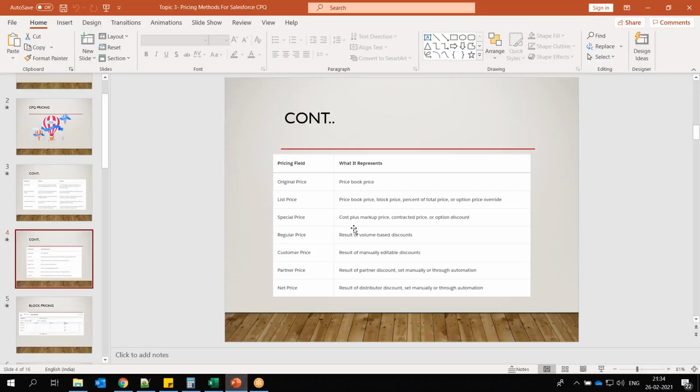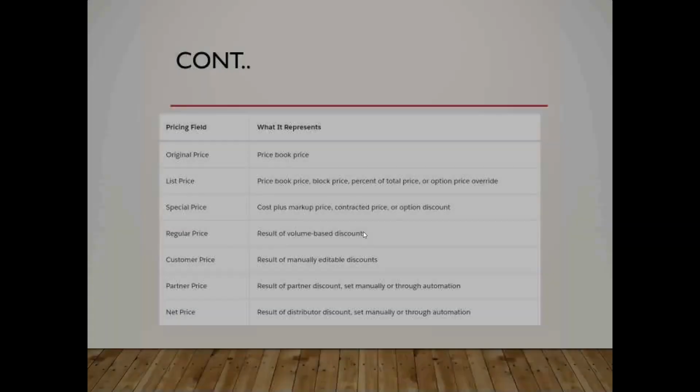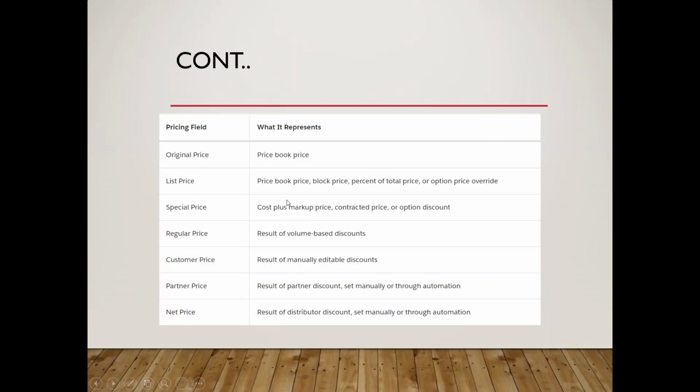Once we discuss original price, list price, we discuss special price. Special price is the result of cost plus markup, contracted price and option price. Cost plus markup is one of the pricing methods, contracted pricing is another pricing method.